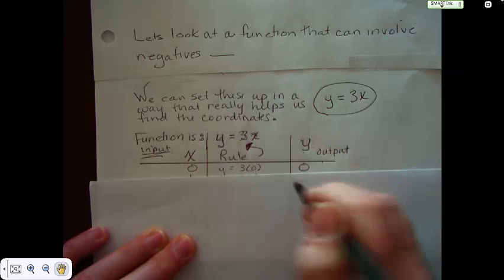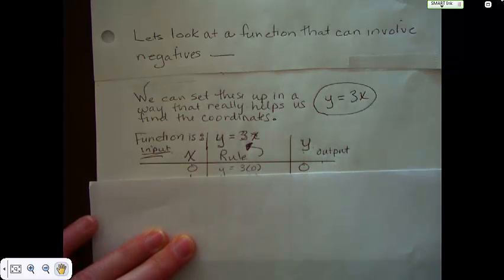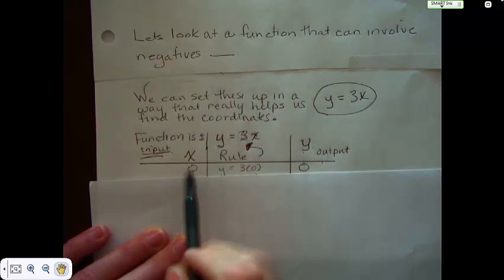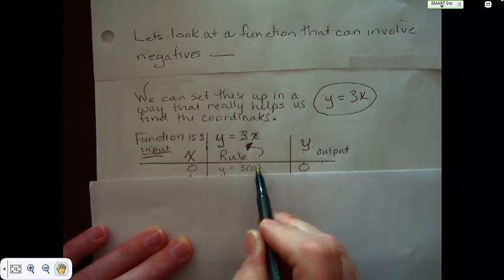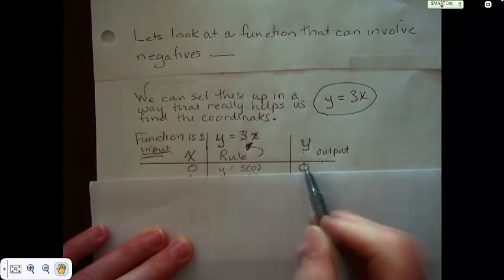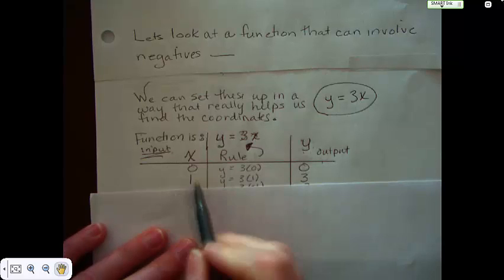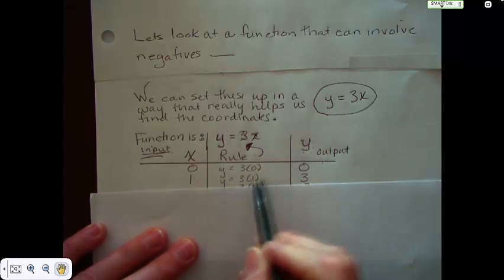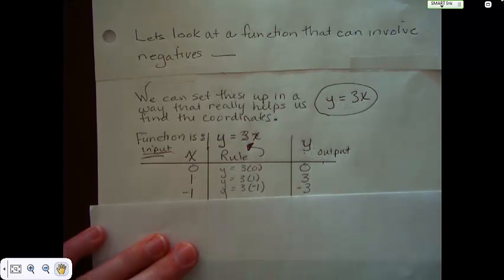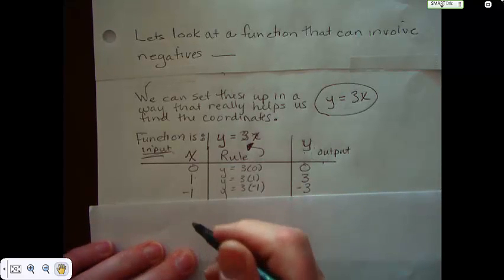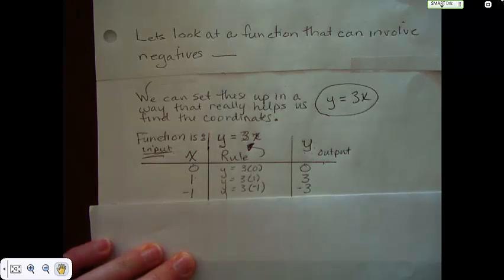So you've really got 3 parts for it, because then you can operate on it. And I mean operate it by substituting in. So x is 0. Y equals 3 times that 0. The output is 0. X is 1. Y equals 3 times that 1. The output is 3. X is negative 1. Oh, we haven't run into that yet, but we can do negatives on this graph. Y equals 3 times negative 1, which is negative 3.